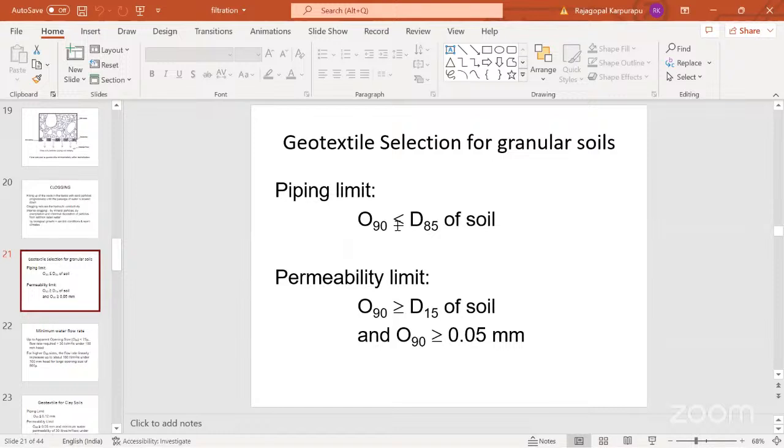Exactly, sir. O90 of the geotextile should be less than D85 of the soil. That is the piping limit. And the permeability limit is O90 should be greater than 15 D15 of the soil.